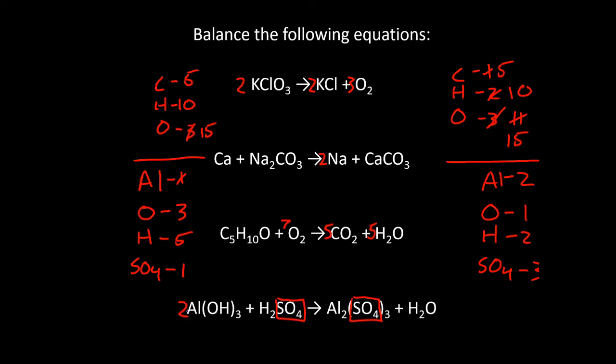can be balanced by putting a 2 here. We had 2 on the right, put a 2 there, that gives us 2 on the left. It's going to change our oxygen and hydrogen as well. So now we're going to have 6 oxygens, and let's see, so yeah, that'd be 6 plus 2 is 8 of those.